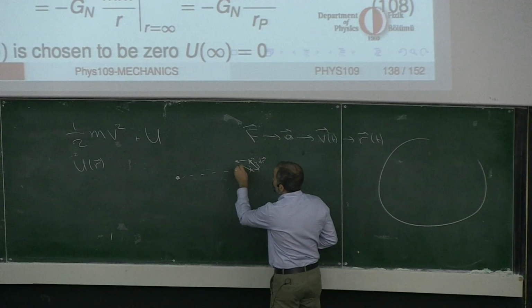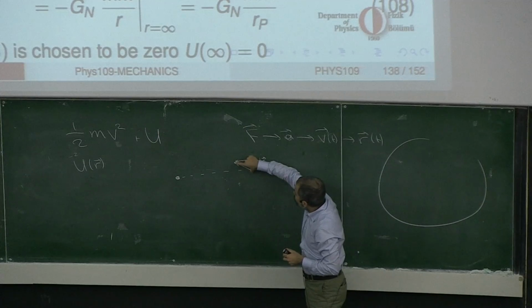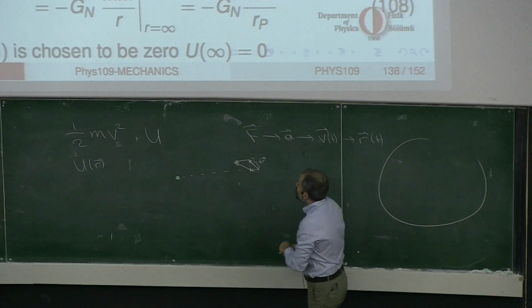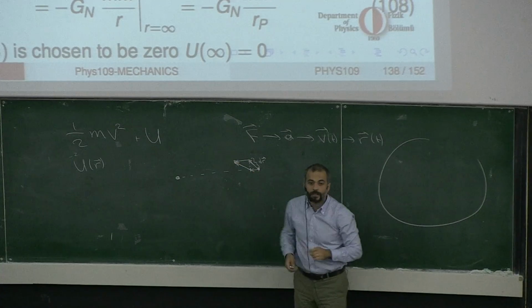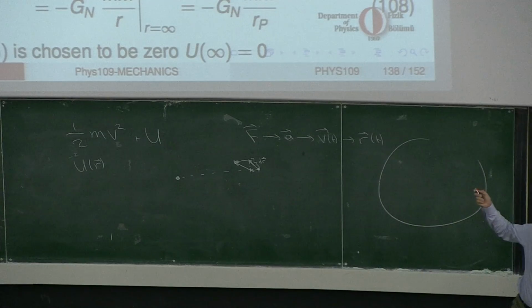Then I go from here to there, but again, that tells me that this amount of work and this amount of work are also equal. So independent of how I go from this point to that point, the amount of work that I do is equal. That means that this force is a conservative force.